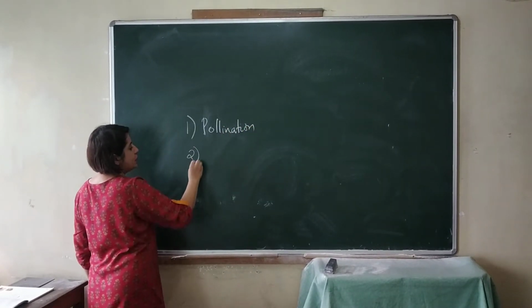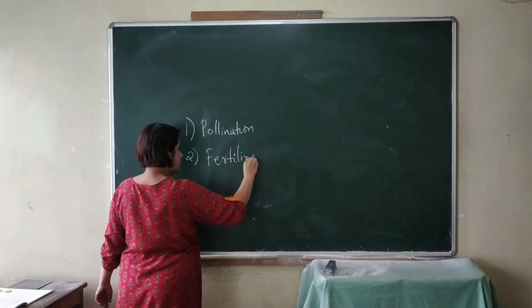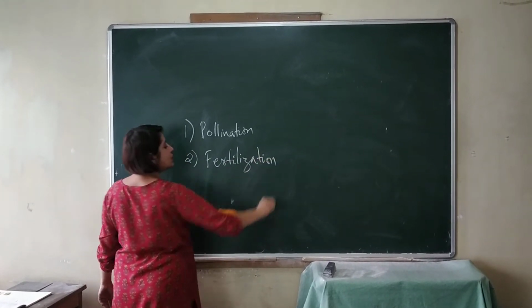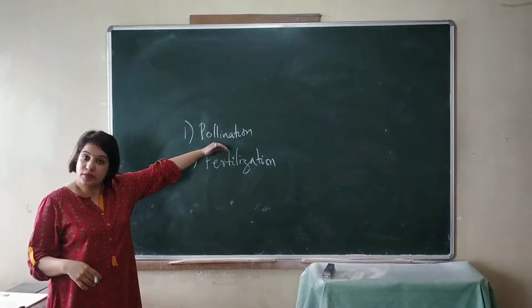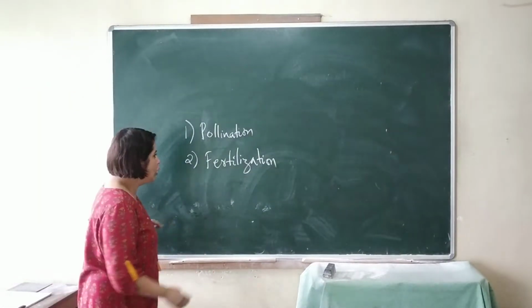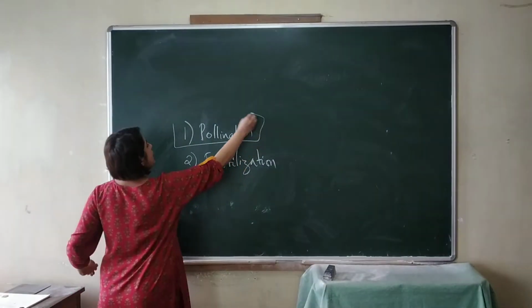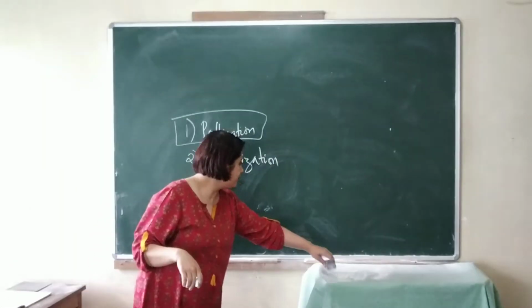And number two, it helps in fertilization. So, the two important functions of a flower as a whole are that it helps in pollination and it helps in fertilization. Today, we'll be discussing this term, pollination.